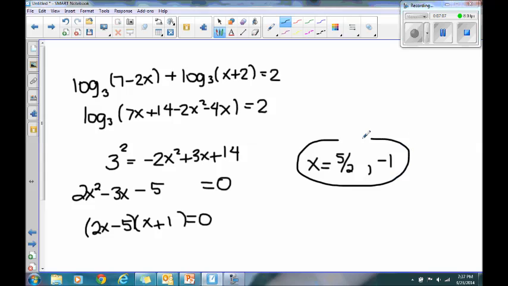Which means that even though the x value itself is negative, when I plug it back into the expression, it is not. So that's why it's really important. Some students just mark off every negative answer. And with a lot of the problems we're given, that's the case, but not every time. So this one has two solutions, both 5 halves and negative 1.